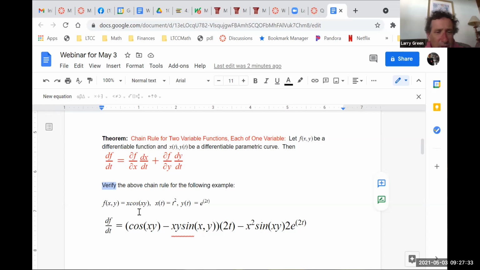And how do you do it? Because we want to find df over dt, and we know how to find df over dt, or we knew how to do that in November, even October. So what's the process without using this chain rule that we just had?